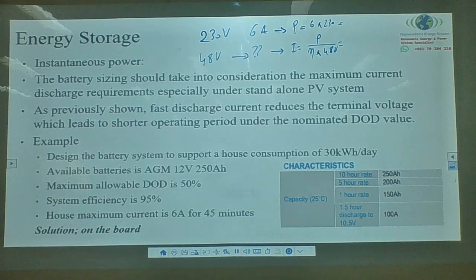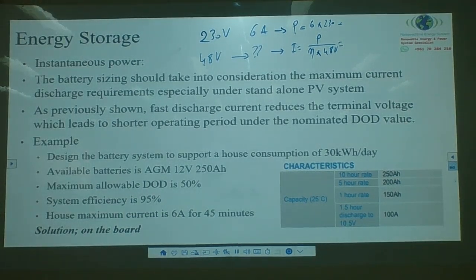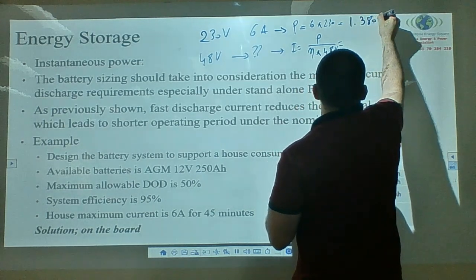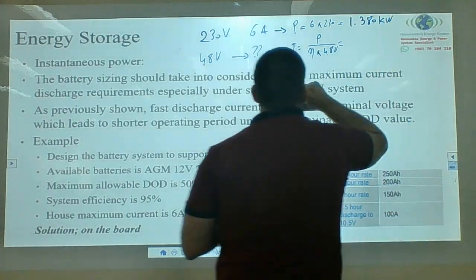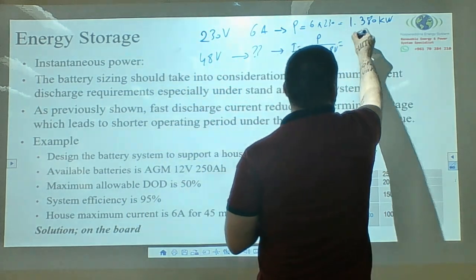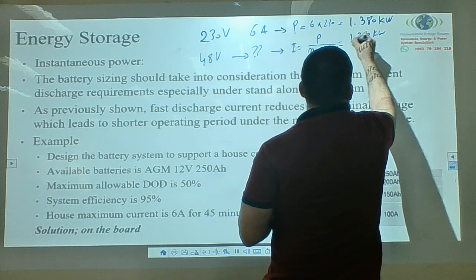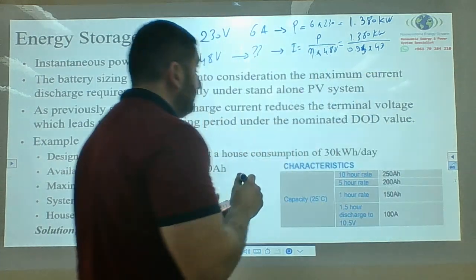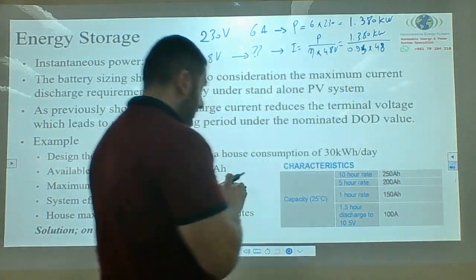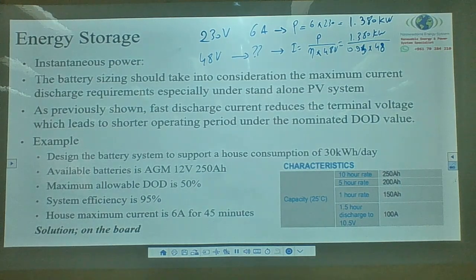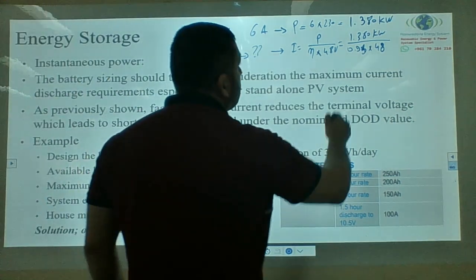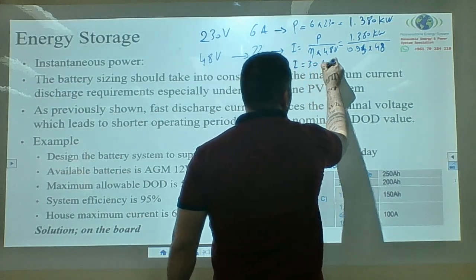So 1.380 kilowatt divided by 0.95, divided by 48, gives 30 amps. I will require 30 amps.